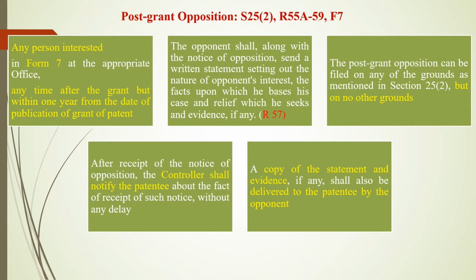After receipt of notice of opposition, the controller shall notify the patentee about the receipt of such notice without any delay. The copy of the statement and evidence, if any, shall also be delivered to the patentee by the opponent.